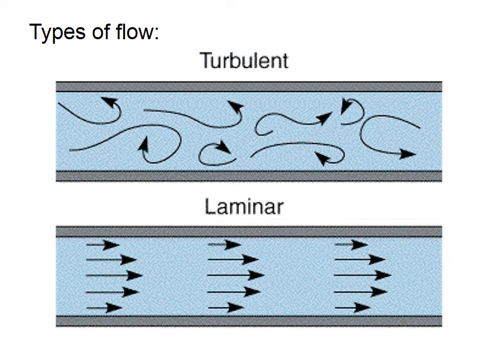Similar types of flow and the diagrammatic representation of the turbulent flow and the laminar flow. In laminar flow, water is moving through a layer, and in turbulent flow water is moving haphazardly.